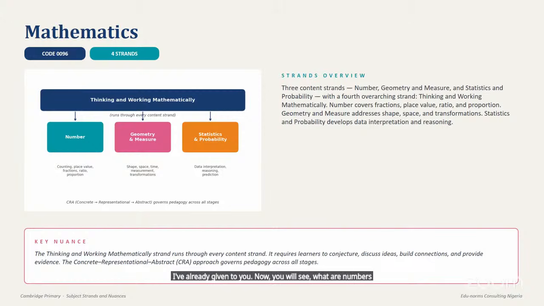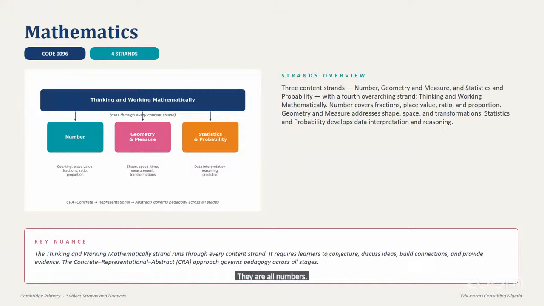Numbers are addition, subtraction, multiplication, division. Numbers are ratio, proportions, decimal numbers, fractions. All those things have to do with manipulating numbers.